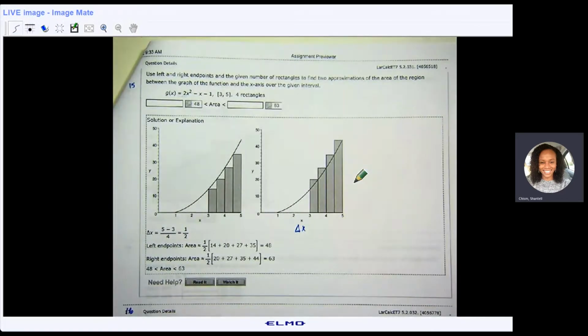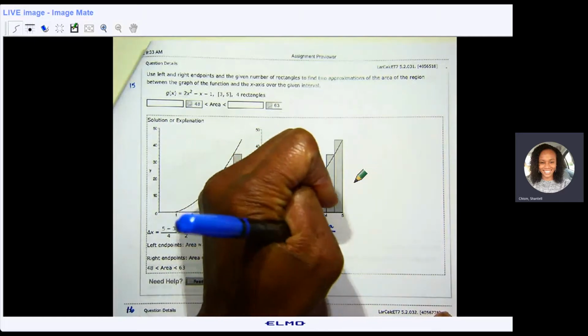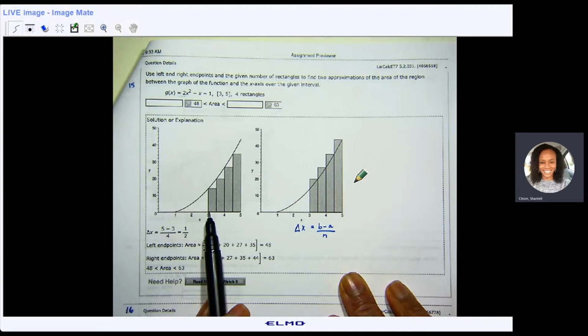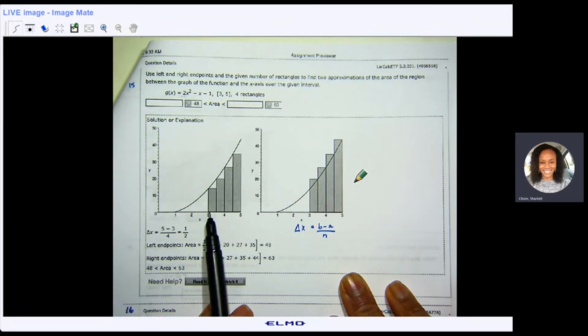It does at least help you to get the image in your mind. I had to get the width, or the change in each x, which is the width of each rectangle, and that's 1/2. This first rectangle begins at 3 and stops at 3.5, right in the middle between 3 and 4. This one starts at 3.5 and ends at 4. So they all have a base of 1/2.